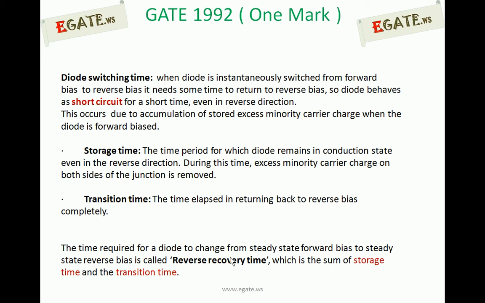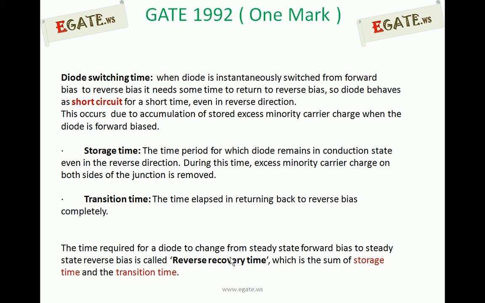This is due to accumulation of stored excess minority carrier charge when the diode is forward biased. So whenever a diode has to change from forward bias to reverse bias or reverse bias to forward bias, it won't happen instantaneously; it requires a small amount of time, and during that time the diode acts as a short circuit even under reverse bias. Short circuit means a large current flows.